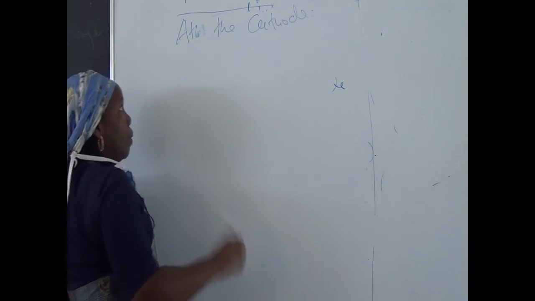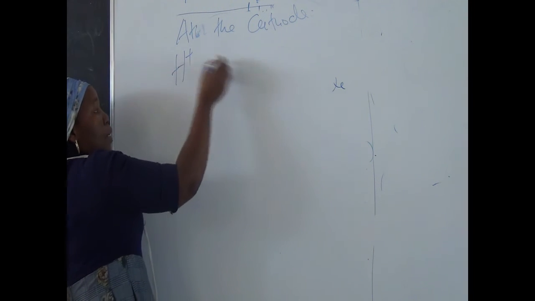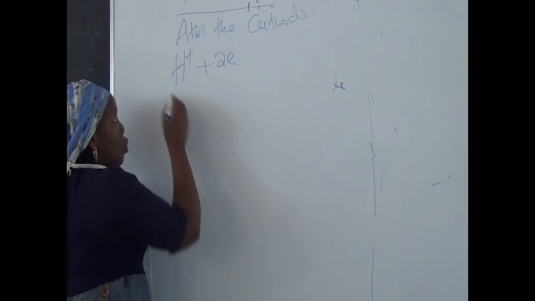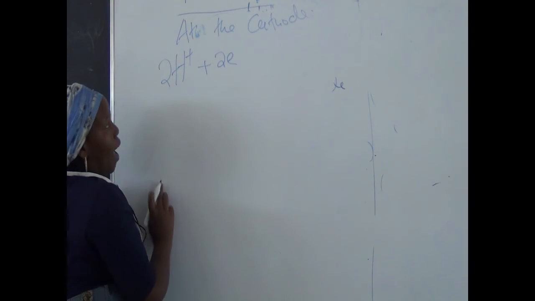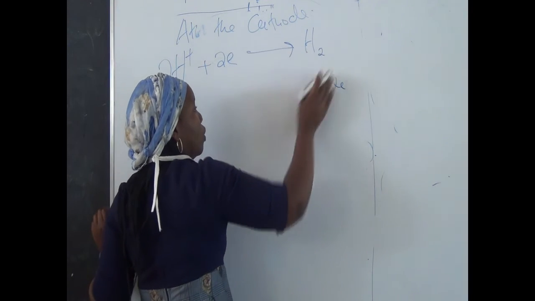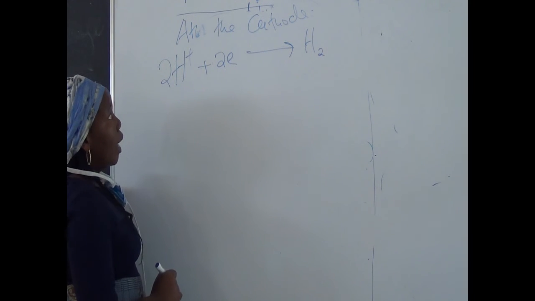At the cathode, we will have hydrogen ions accepting 2 electrons, so we must have 2 for us to have a molecule of hydrogen gas. So that is the equation at the cathode.